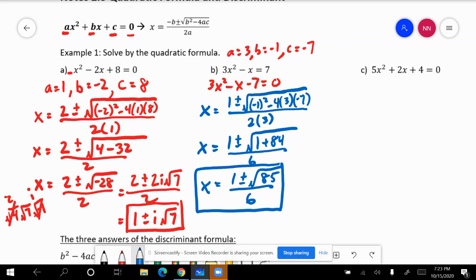Looking at letter C, notice that it's equal to 0. So we have our a being 5, our b being 2, and our c being 4.